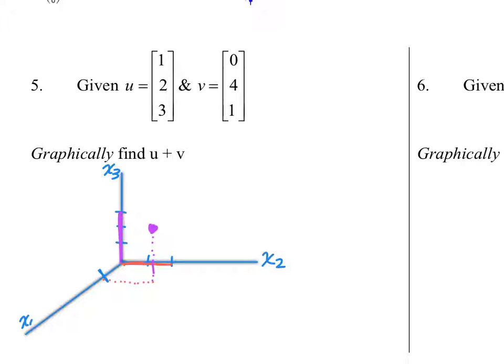So I'm going to draw a line, a ray, to that location with a nice good-looking arrow at the end of it. And I'm going to label that U. And that's at location 1, 2, 3.